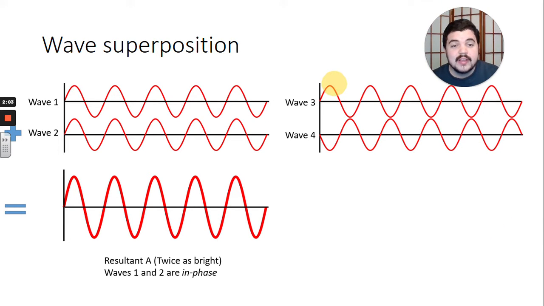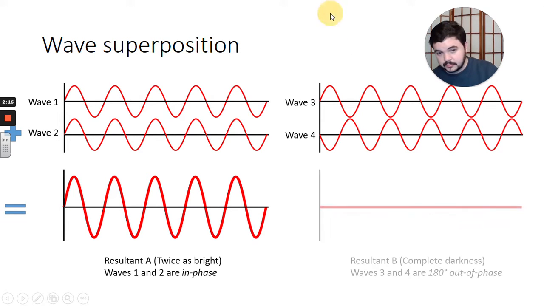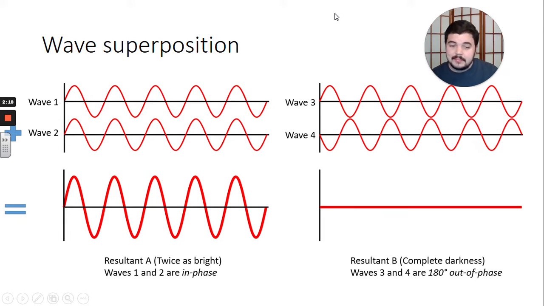So we have the crest of wave 3 lining up with the trough of wave 4, and then the trough of wave 3 lining up with the crest of wave 4. And when you add those two waves together, your resultant B here is complete darkness. And that's because waves 3 and 4 are 180 degrees out of phase with each other.